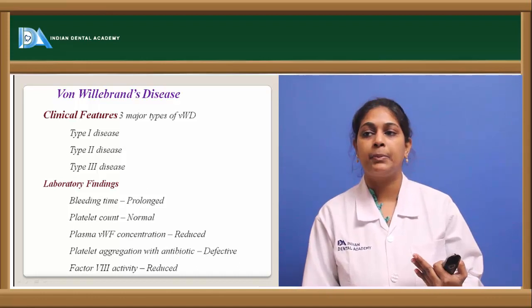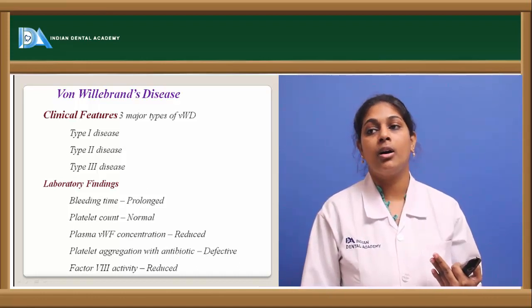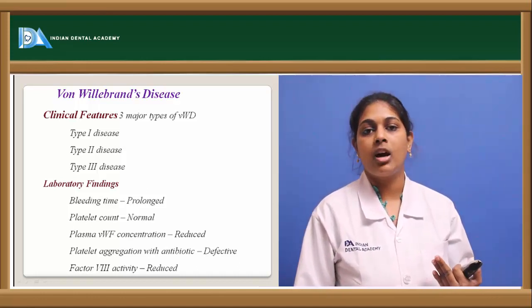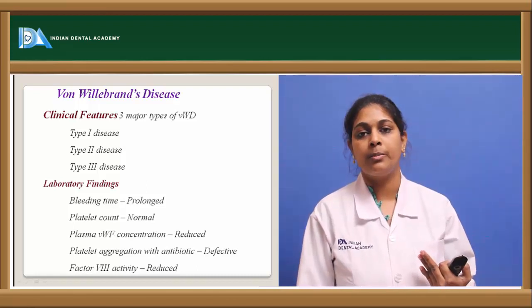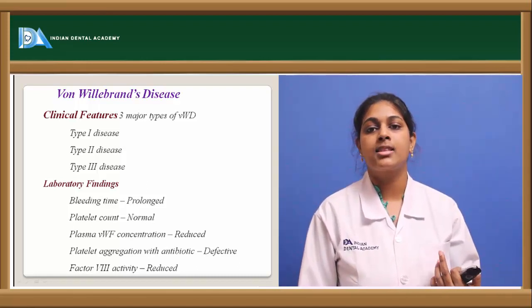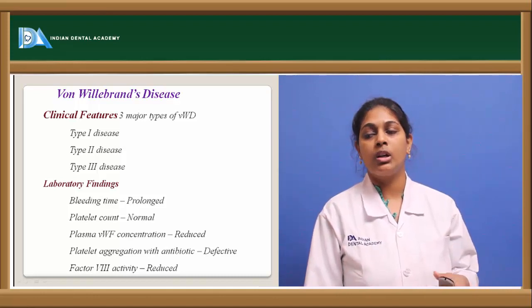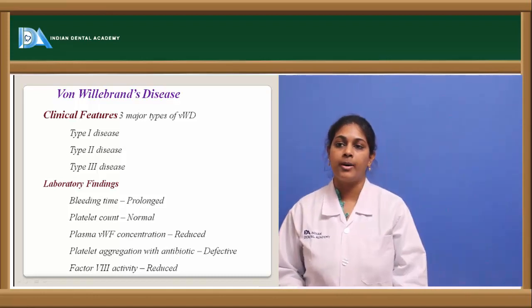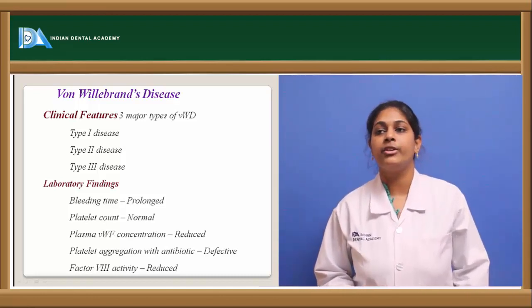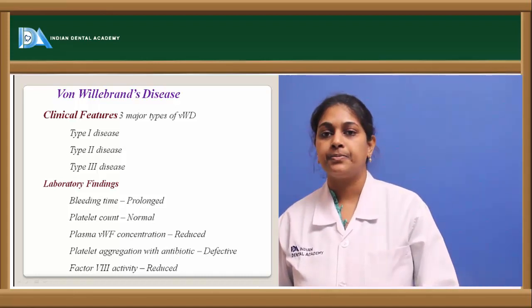Coming to type 3, it is the most severe form, where there is a complete absence of von Willebrand factor and, following that, its activity. So these are the clinical features of von Willebrand's disease.